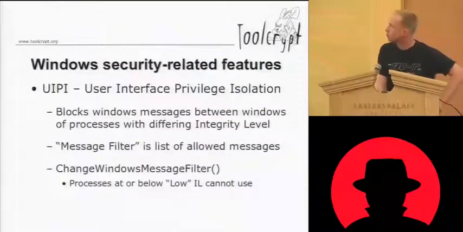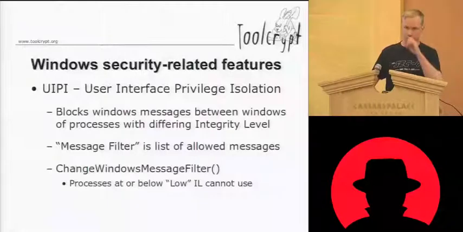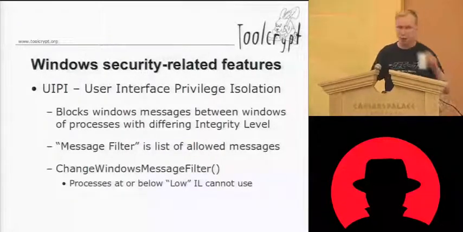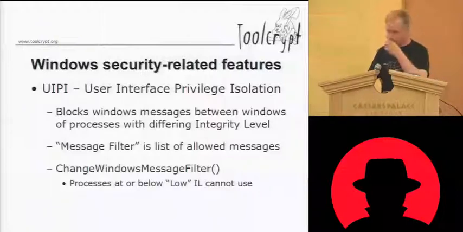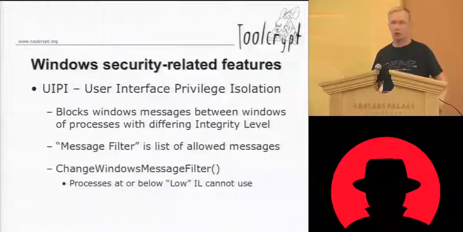So enough about that. As a side effect of UAC, we now have processes running on the same desktop that might have different access tokens of different privilege levels. So you might have some that are running as a standard user and some that have been elevated that are running as domain admins on the same desktop.